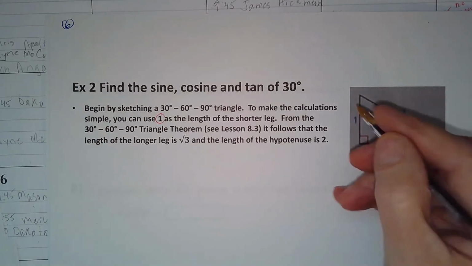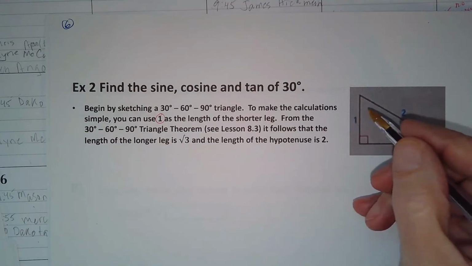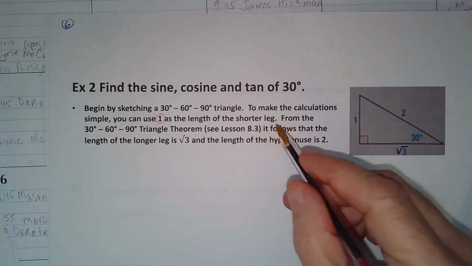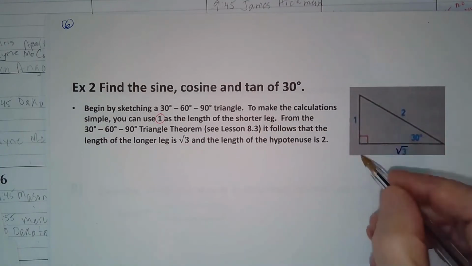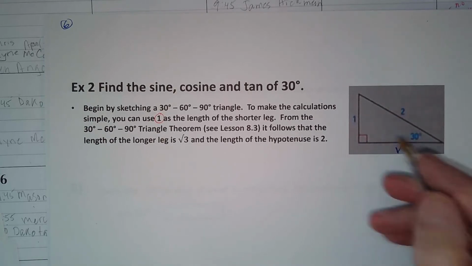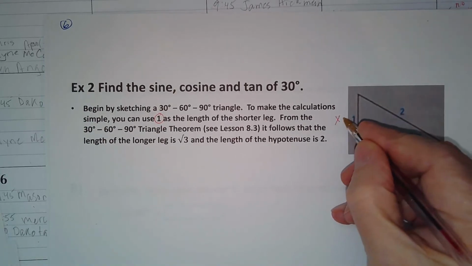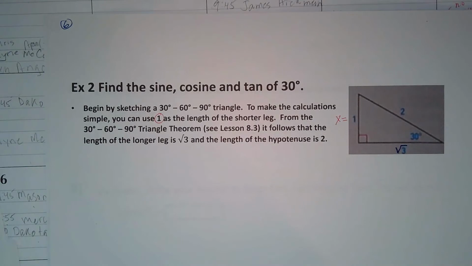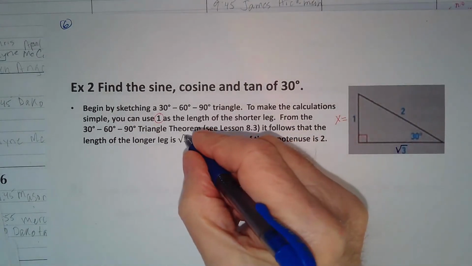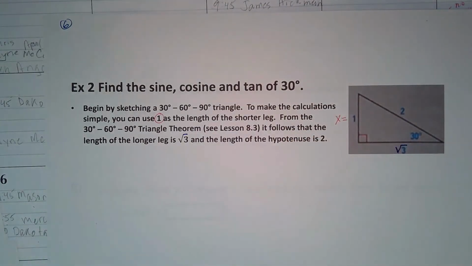So that means the length of the shorter leg, this shorter leg of this triangle, is going to be x. So x equals 1. And then it follows that the length of the longer leg has to be the square root of 3, and the length of the hypotenuse is 2. Now, why is that so?